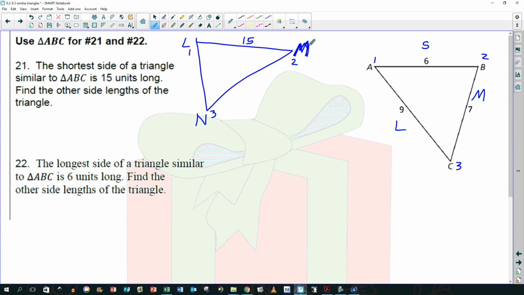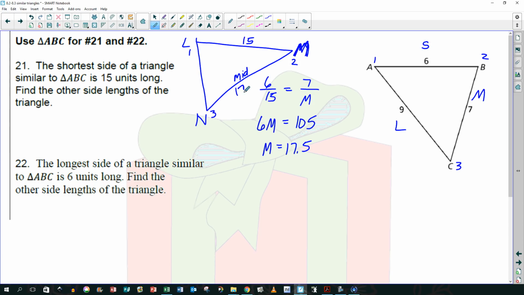So 6 goes with 15, just like 7 is going to go with medium. So this is our medium side, or our middle side. So cross multiply, 6 times medium is 15 times 7, so it's 105, and then divide by 6. So I'll find out that the middle side is 17.5.